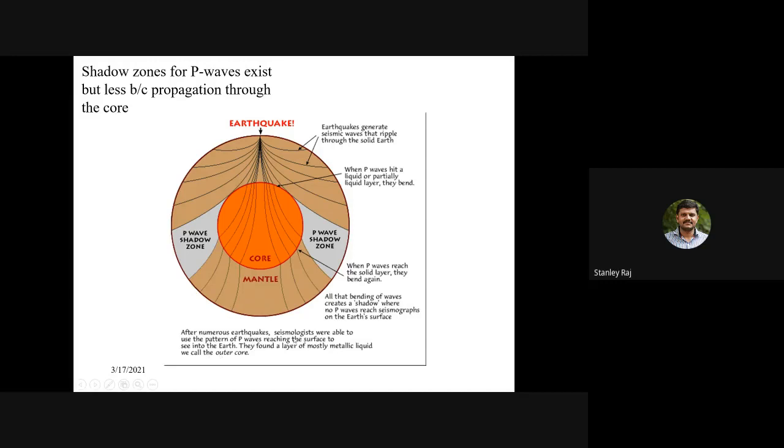After numerous earthquakes and analyzing many seismic waves, seismologists understood that the outer core is liquid in nature. That's why in some regions we didn't receive the P wave, and in some regions we didn't receive the S wave.